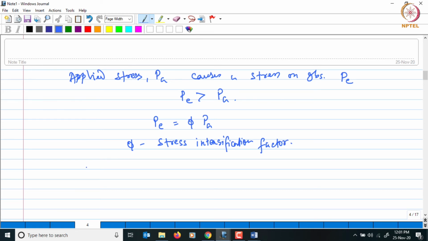So the vacancy concentration in the grain boundaries, CVB, will be less compared to that on a flat stress-free boundary due to the presence of a compressive stress on the grain boundaries. And now this vacancy concentration in the boundary is given by this expression.